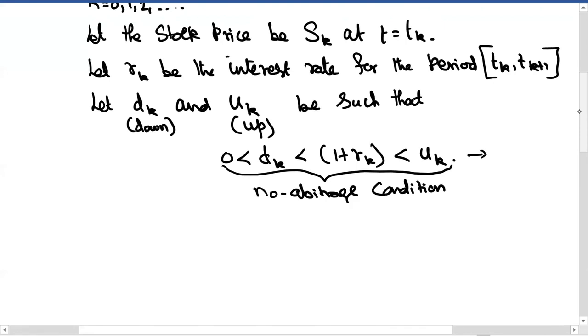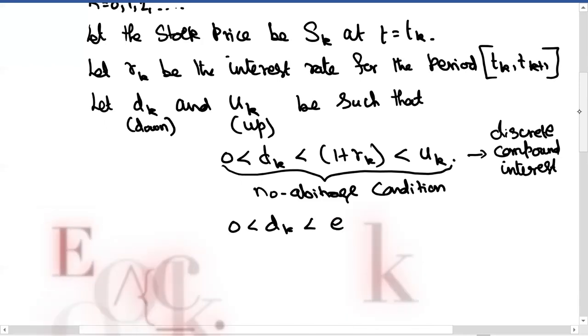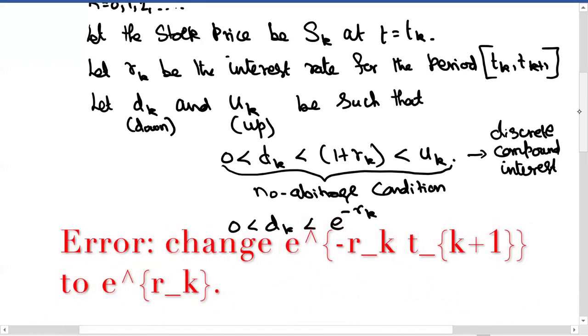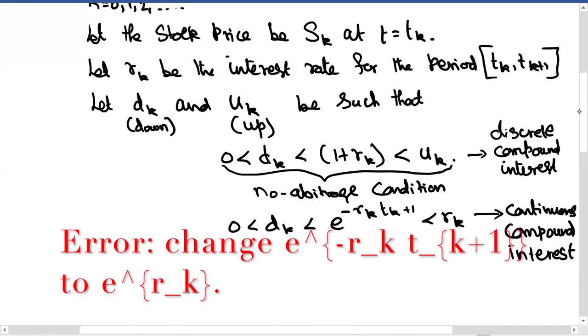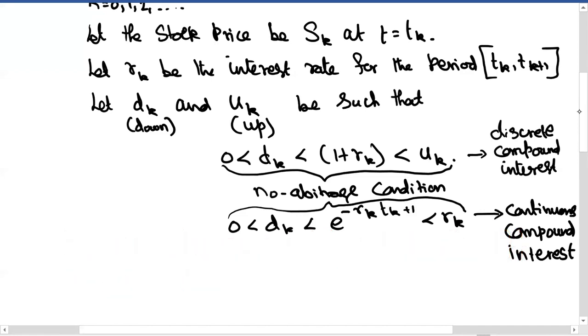This is for discrete compound interest. If it is continuous compound interest, then we take 0 less than dk less than e to the power of minus rk less than uk. That is the no arbitrage condition for continuous compound interest. I'll talk about why it is called no arbitrage later.